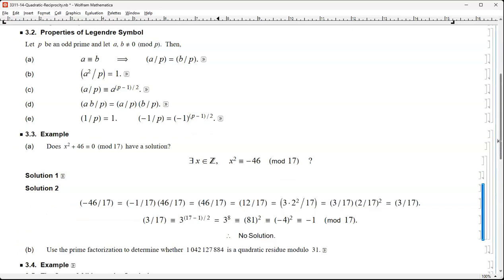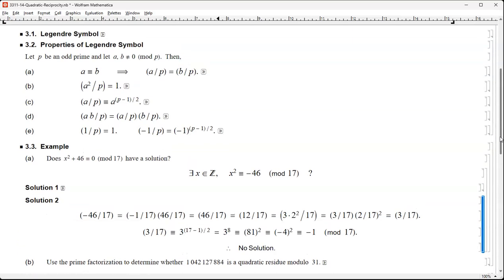And this is the way our textbook author did the same problem. Is this better? I don't know. I just did it my way first and then looked up the textbook, and I was a bit surprised. The textbook author did it a little bit differently. Negative 46 over 17 decomposes into negative 1 over 17 and 46 over 17. Well, negative 1 over 17 turns out to be just 1 because negative 1 to the 8th power is an even power.